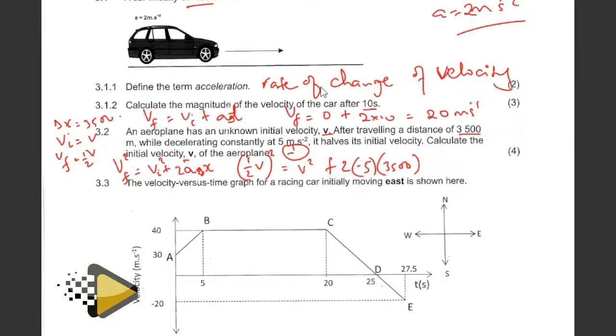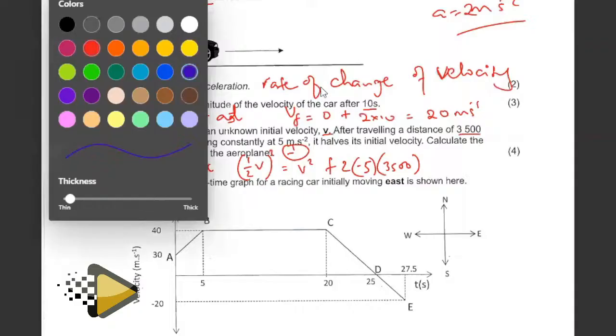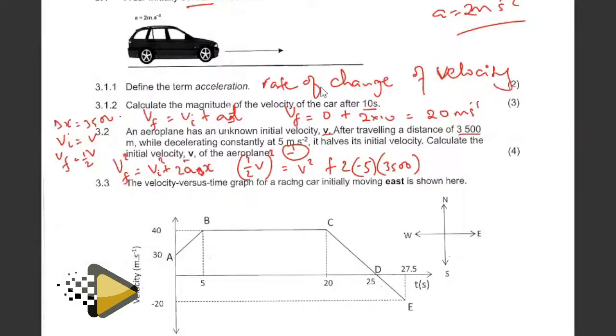So a half V squared is going to give me one quarter V squared. Then I'll move this V squared to that side: minus V squared is equal to negative, I'll say 35,000.